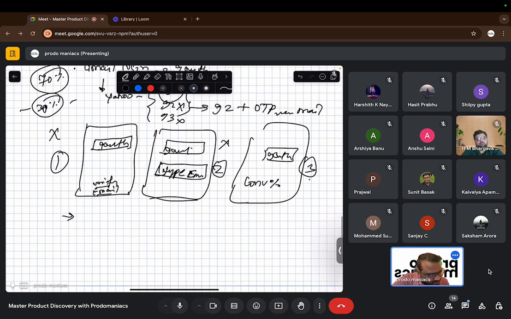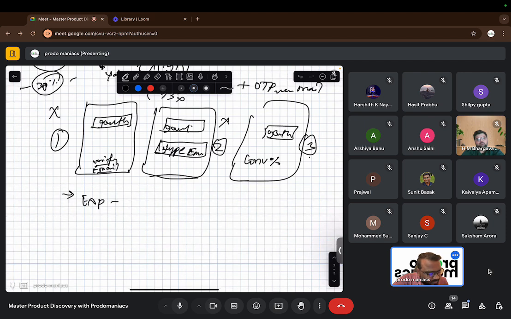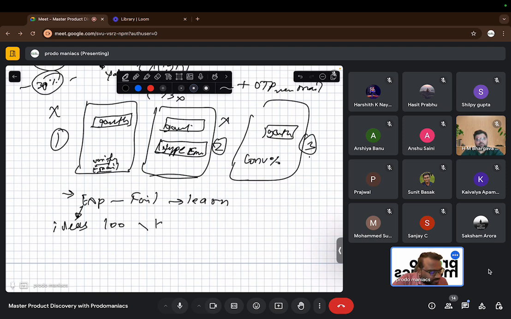The more you experiment, the more you fail, and the quicker you fail, the quicker you learn about your consumers. While you are experimenting, you will have hundreds of ideas, and if you can kill the irrelevant ideas and only keep the best ones, you iterate faster and better.